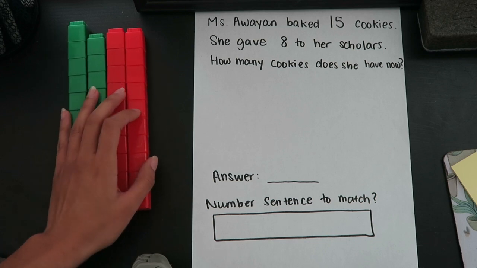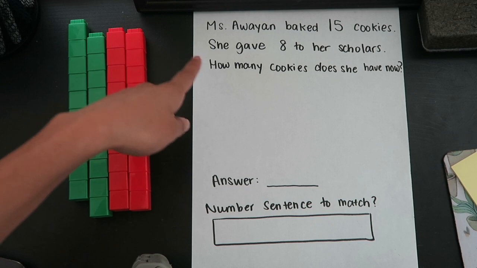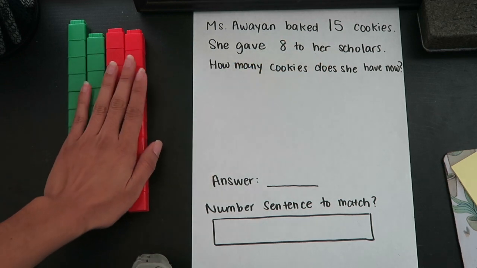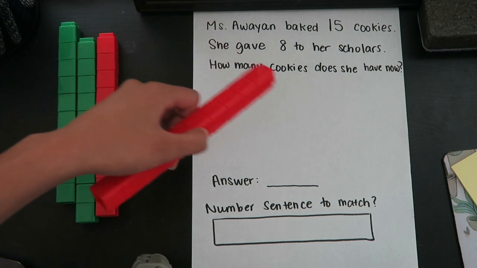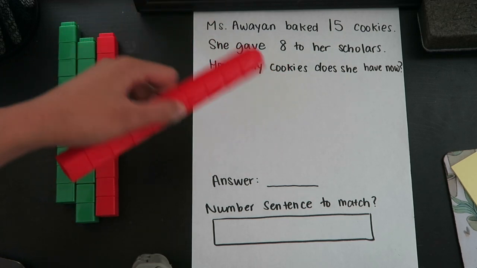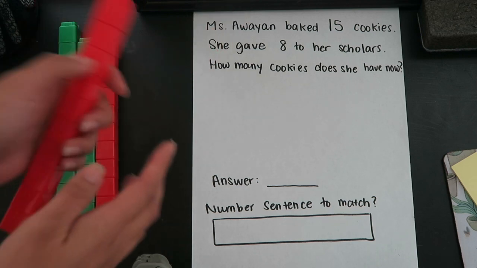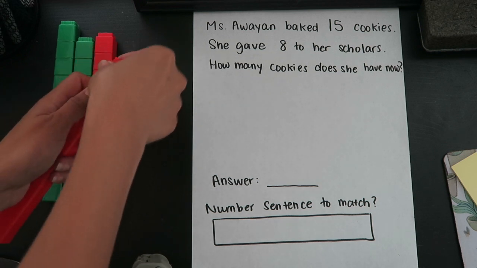As you can see, Miss Hawaiian baked 15 cookies, and she gave 8 to her scholars. So let's show that with my cubes. I'm going to use my red cubes to show how many cookies I have. How many cookies do I have again? 15. Ready?